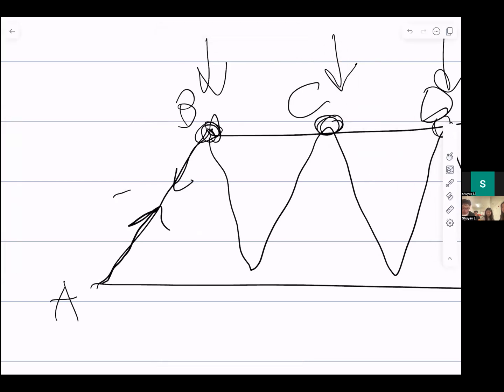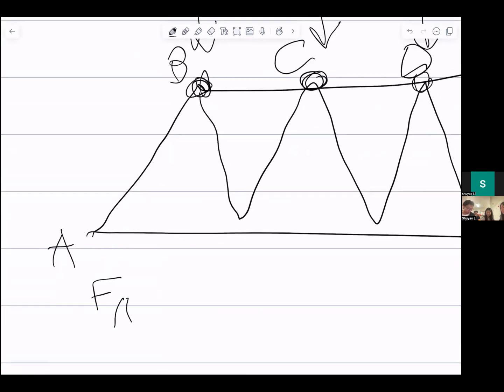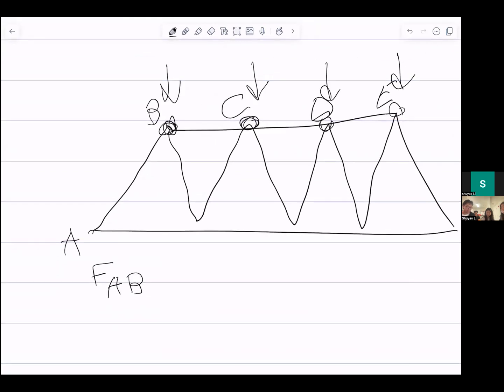And because there's no interfering force in between the joint, the member, we can just say it's one force only. So we can say it's force AB.